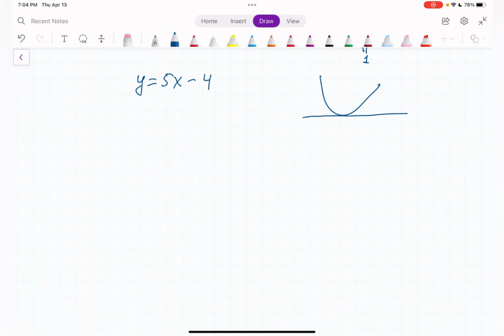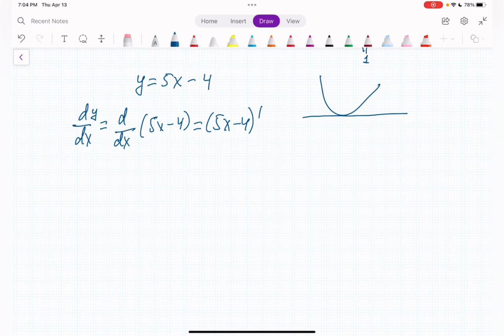So dy by dx is equal to d by dx of 5x minus 4, or we are writing down 5x minus 4 prime. So let's write down y prime is equal to the derivative of 5x, which is going to be 5, right?